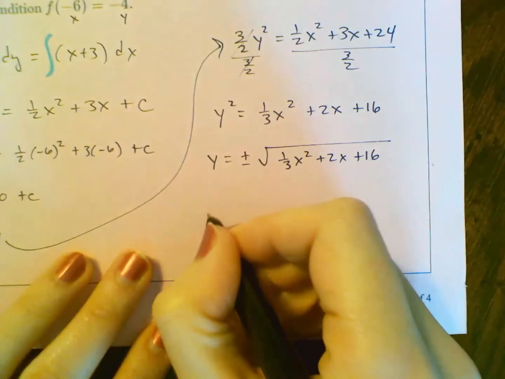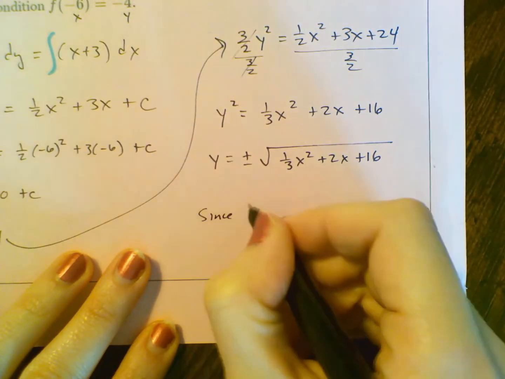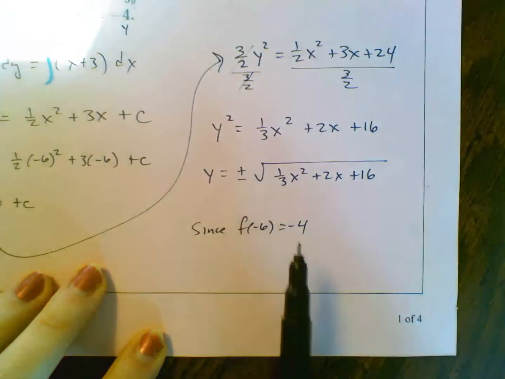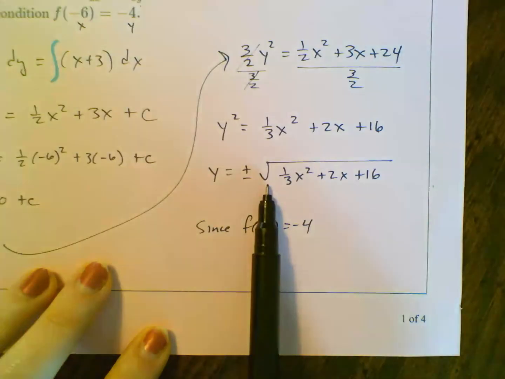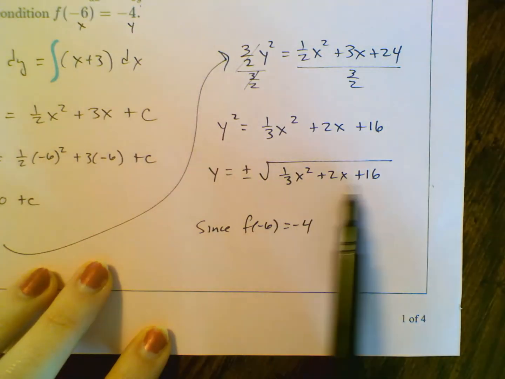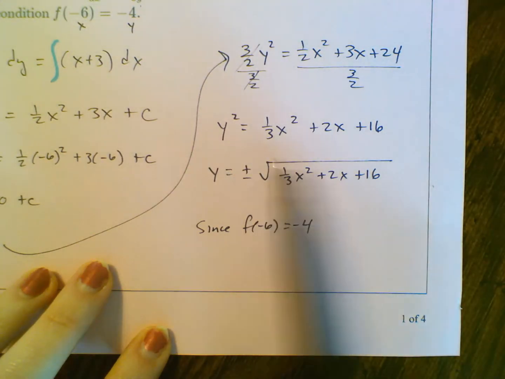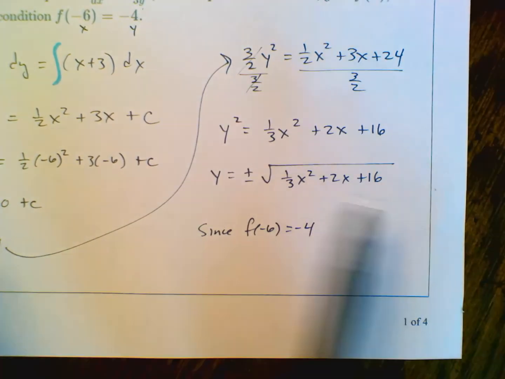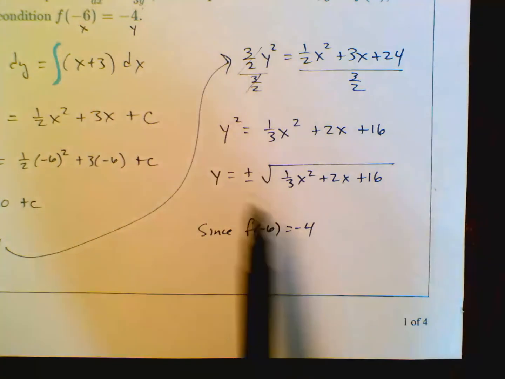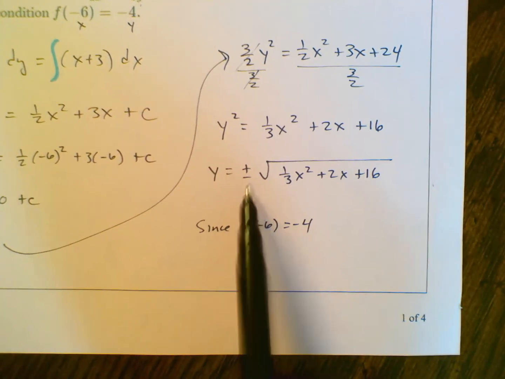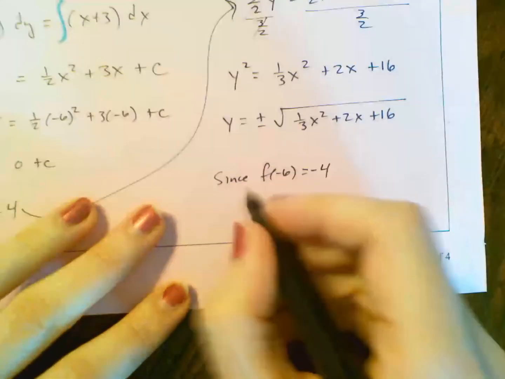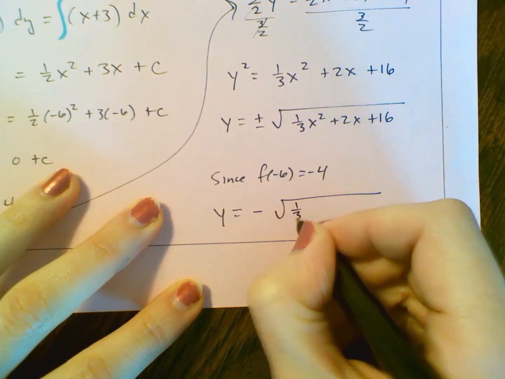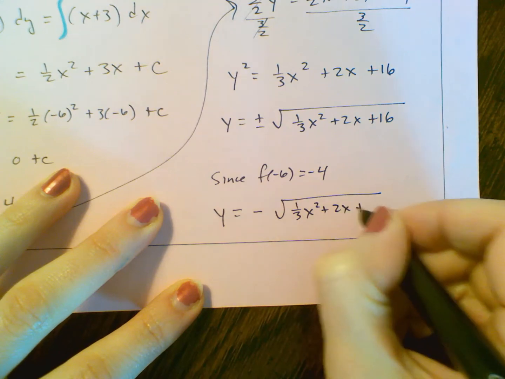But guys, since we've got f of -6 is -4, if we want a negative output, when you plug -6 into these x's and then take the square root, you're going to get for sure a positive number because the square root of anything is positive. So we're going to need the negative to be there because we want this to be -4. So y equals negative radical of 1/3 x squared plus 2x plus 16.